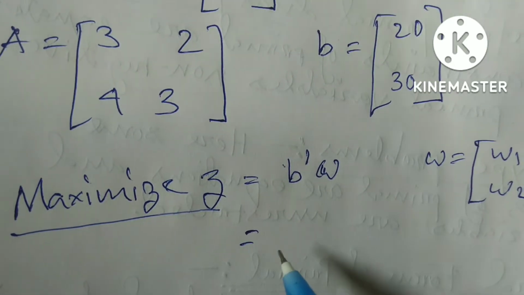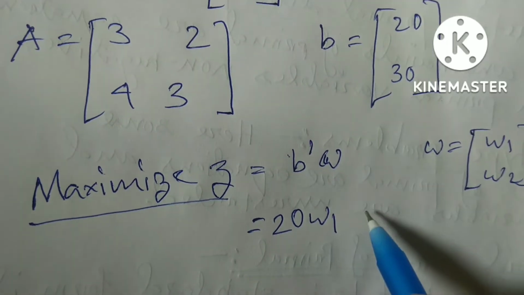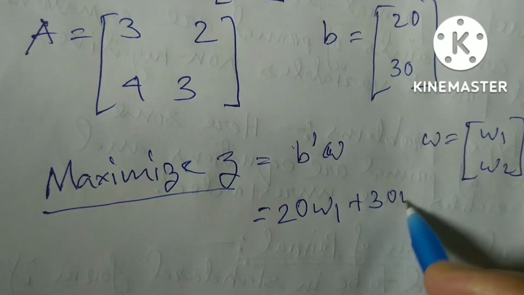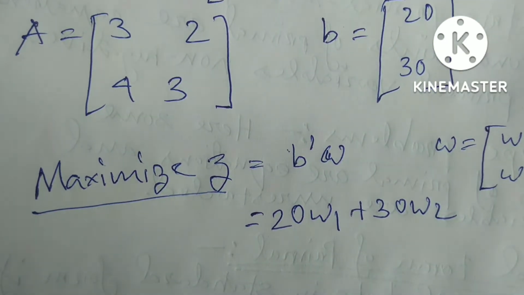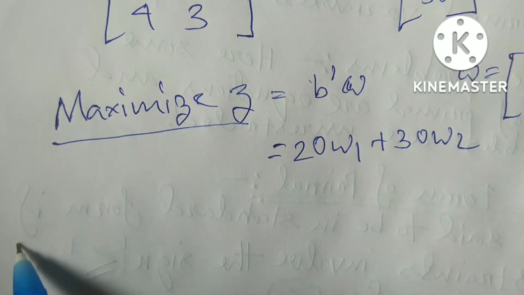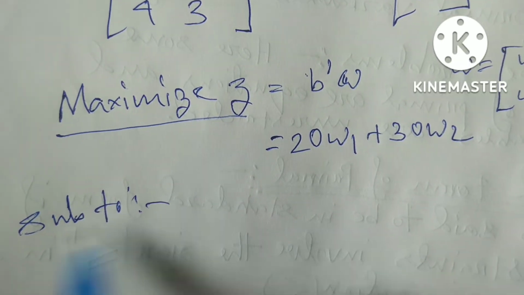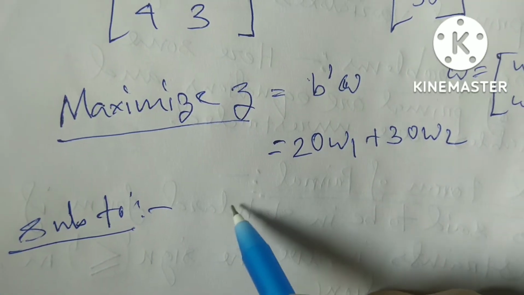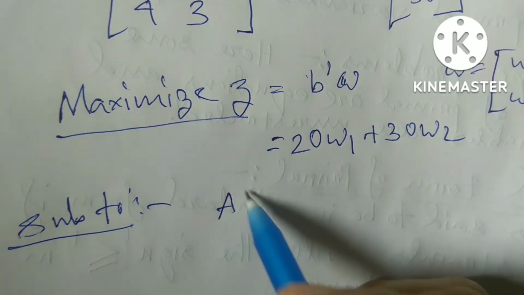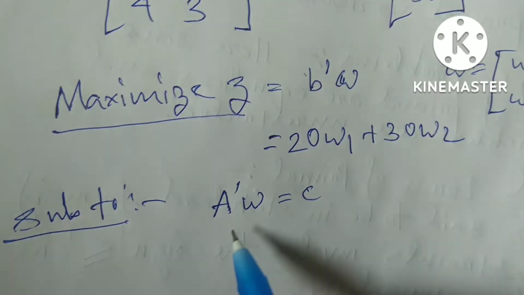So b'w = 20w1 + 30w2, subject to A'w ≤ c.